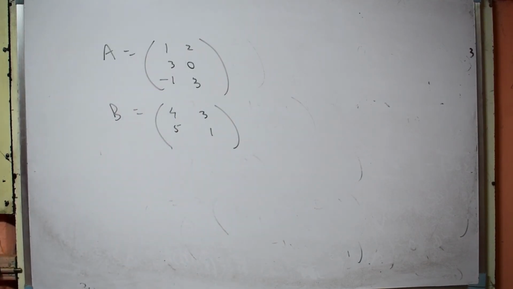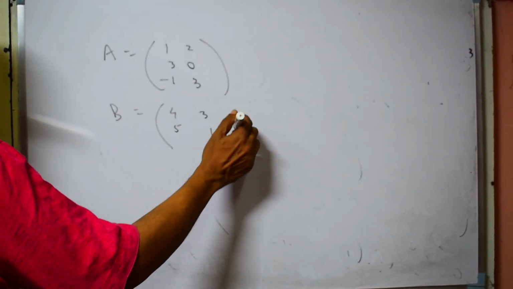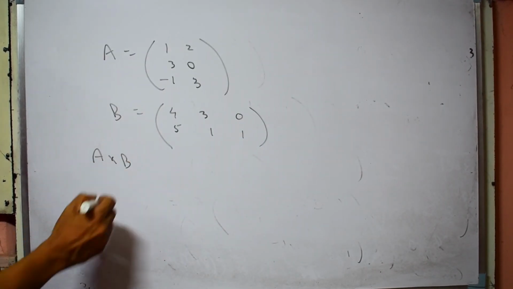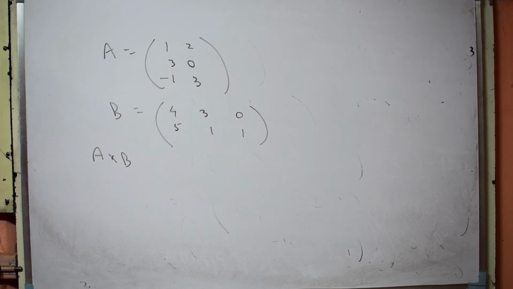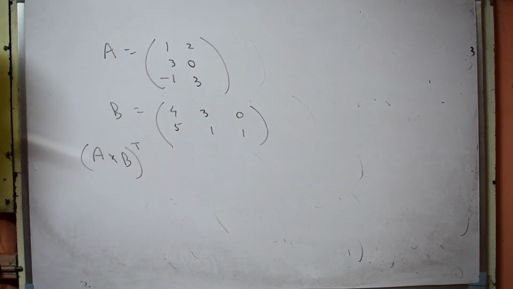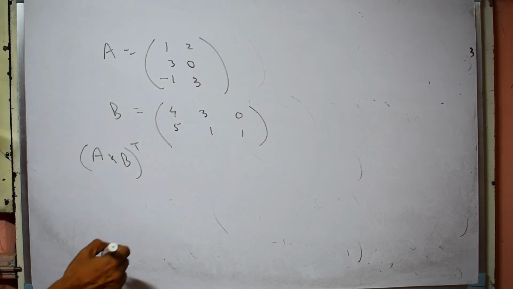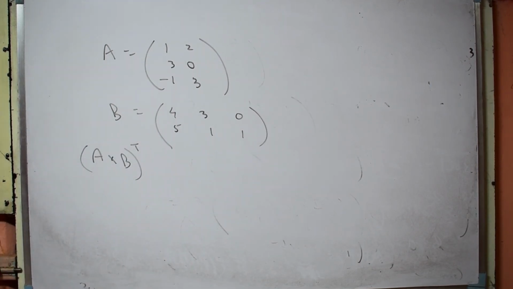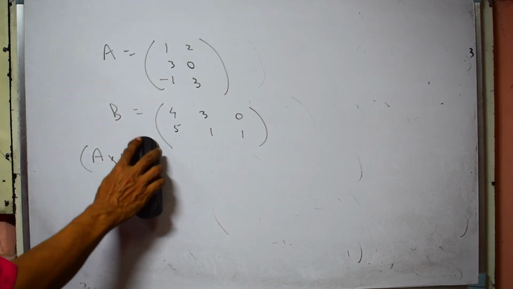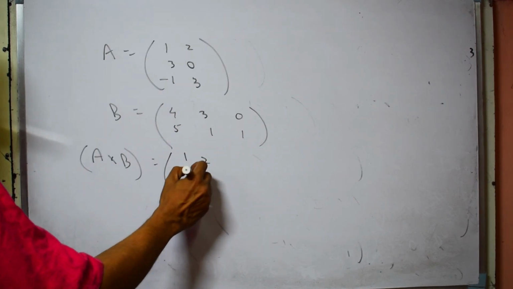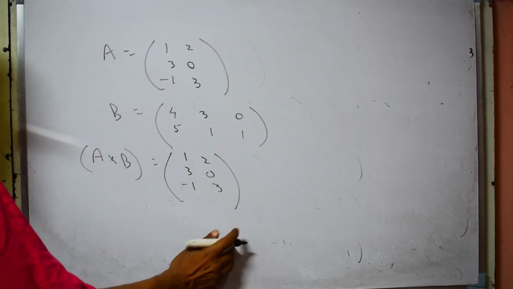If I want to multiply A into B, then we can multiply A then B. But if I say AB transpose, what will be the result? We will first multiply AB, then we will transpose. So first we will find out A into B. What is A into B? A first, then the B.